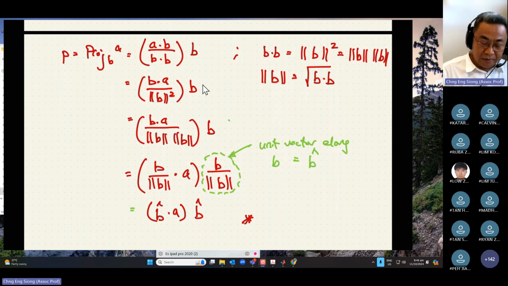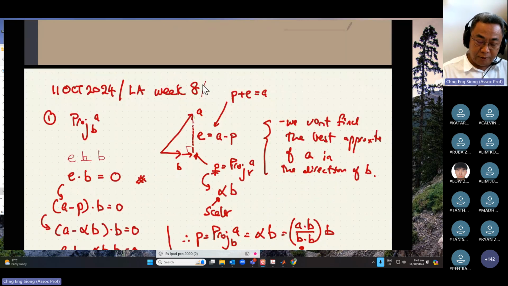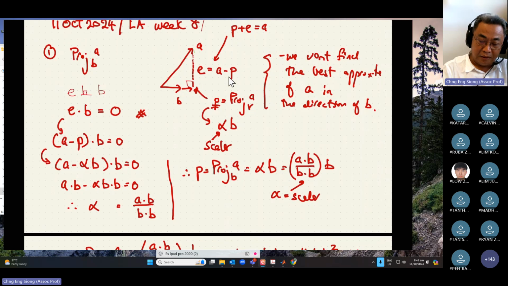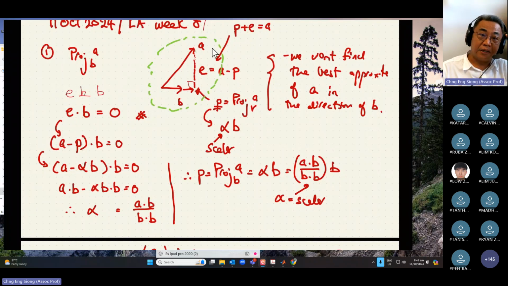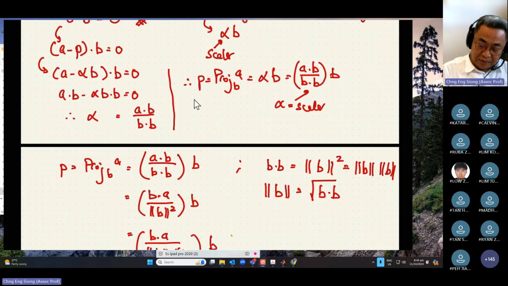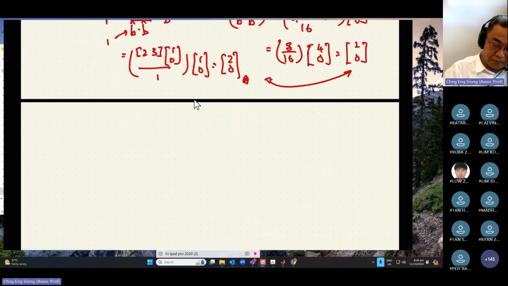All right. So let's go from this picture. Let's see this picture again. This picture is the projection of a single vector onto another single vector. So now let's see another nice picture.